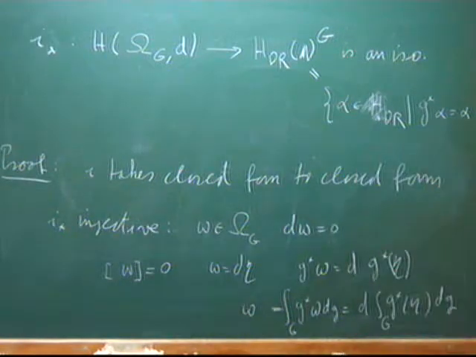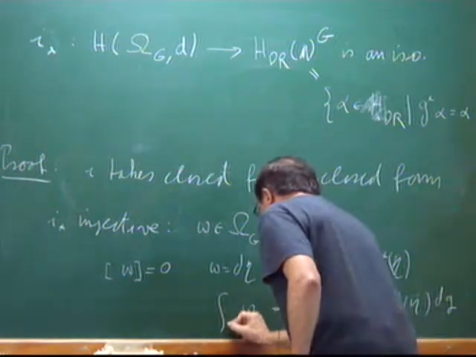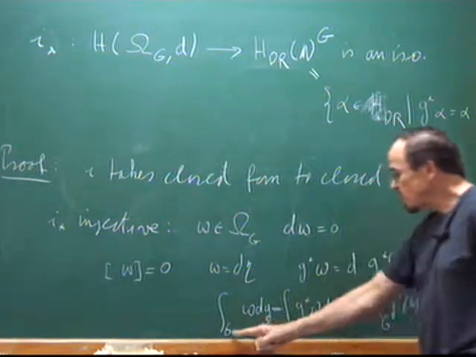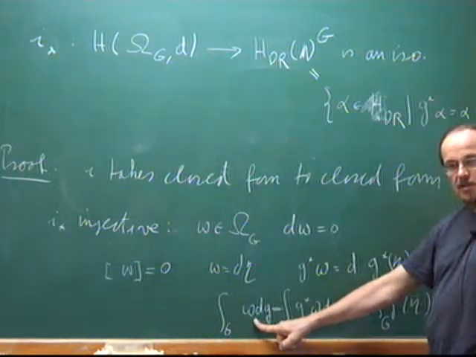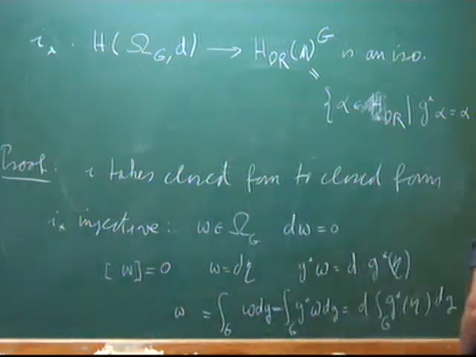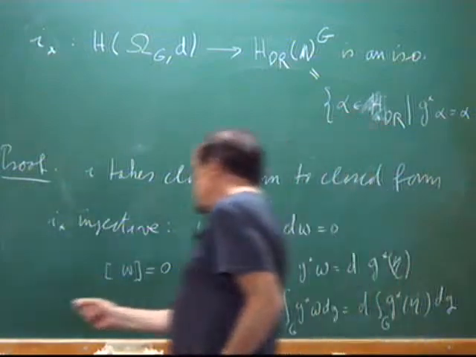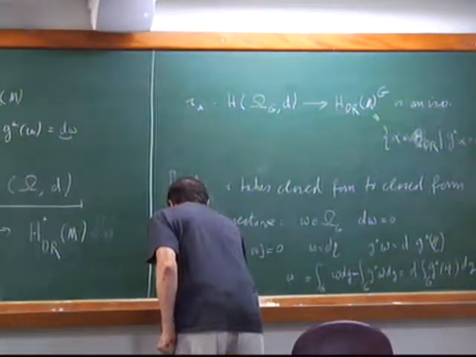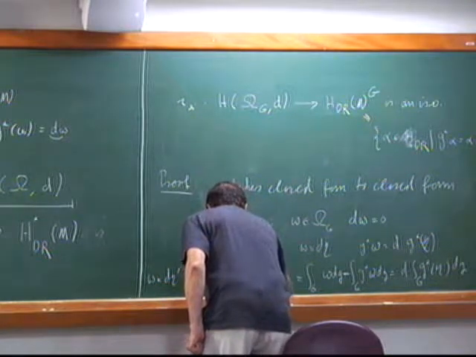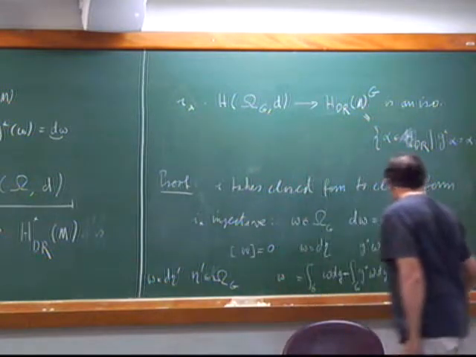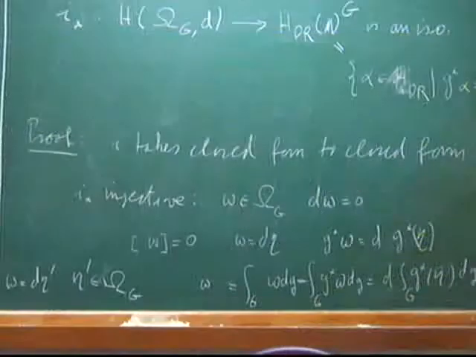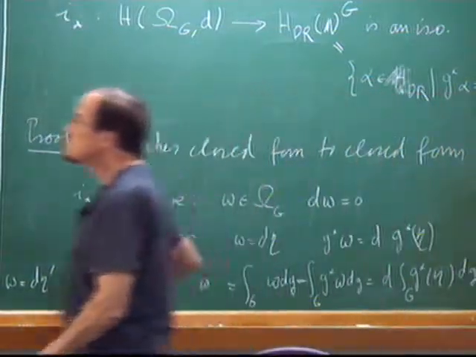So the integral of an invariant form, it's the integral of g star omega dg. But G has volume 1. Omega doesn't depend on g. So it's just omega. So it means that omega is d of eta prime, where eta prime is G-invariant. Here I have the average. That's my invariant form. Okay. So that's injective.